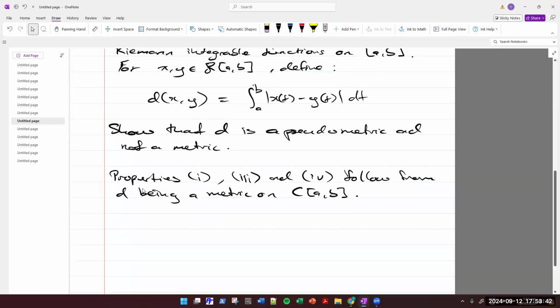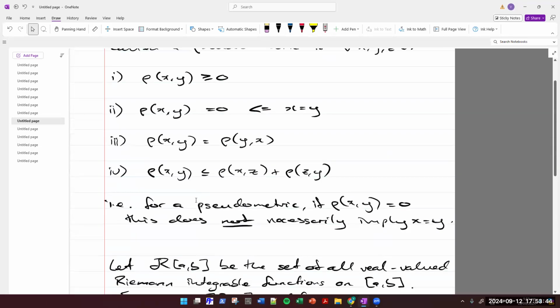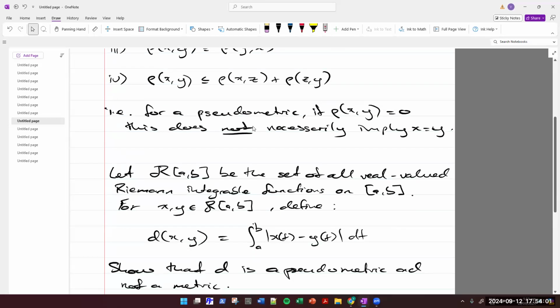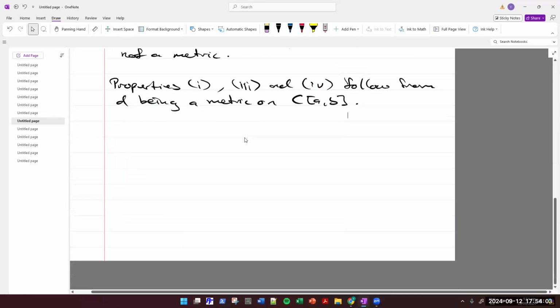So in order to show that D is a pseudometric, I have to come up with 2 points, 2 functions that are different, such that when I plug those 2 functions into that function D, it gives me 0. And there are many functions that will do this.